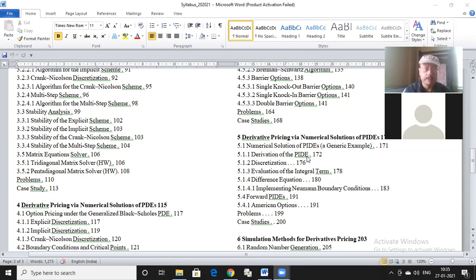And when there are jumps like Levy process models, then we have PIDE, integral differential equation. That also we have introduced last term. So now we will sort of review and then look at the numerical analysis of those equations, because those equations are notoriously complicated to handle analytically. We will do numerical approximation.